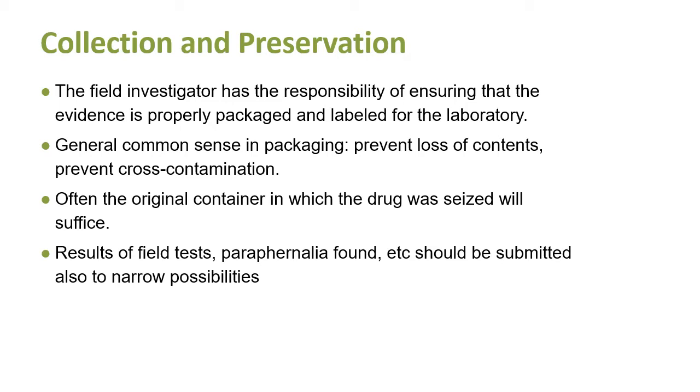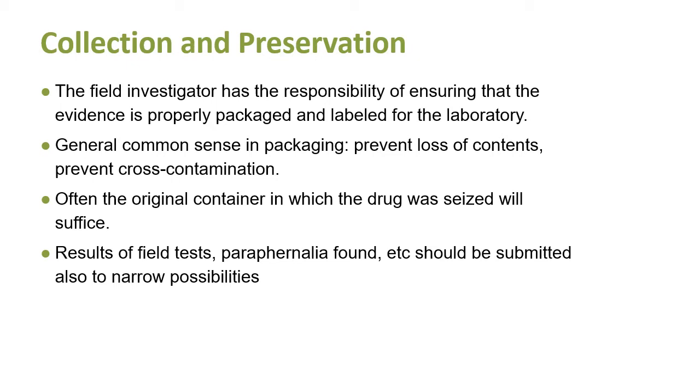Oftentimes we'll do field tests to try to eliminate possibilities or give a rough answer of what we think it might be. Also, any paraphernalia found with it is treated very similarly. We talked about this a little bit in the physical evidence chapter, that we need to use an identification test on drugs. An identification test means it has to be tested against many possibilities, and that's exhaustive, very time intensive and very expensive on laboratories.